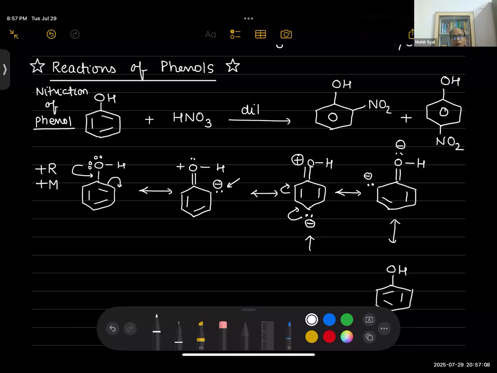Tell me quickly. You're using steam? Yes, steam distillation. Exactly. So orthonitrophenol has lower boiling point and it can be removed by steam.